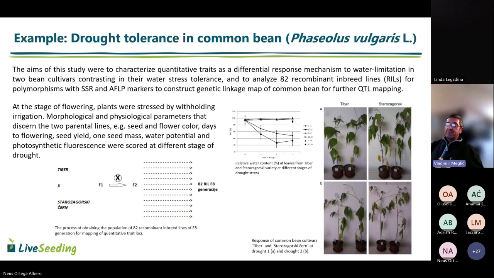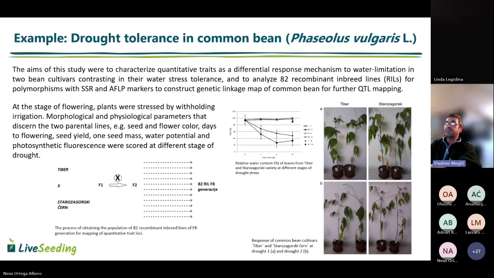Next to the water stress, we were also looking at the seed and flower count, days to flowering, seed yield, 1 seed mass, water potential, and photosystemic fluorescence. They were scored at different stages of drought. And on the bottom, you see the scheme of how we have produced those F8 RILs generation.